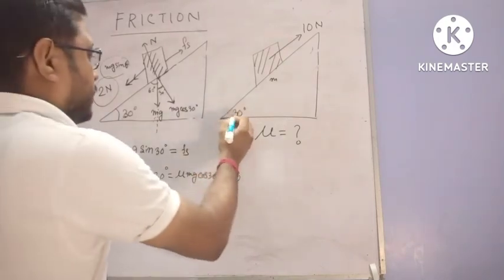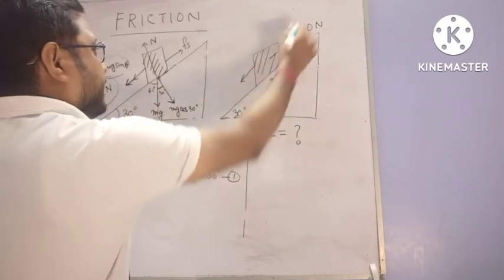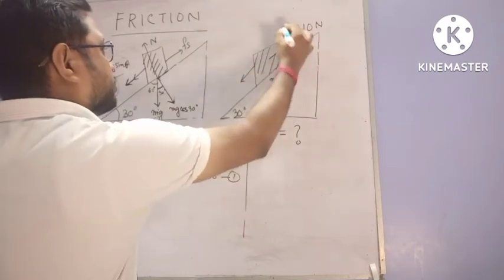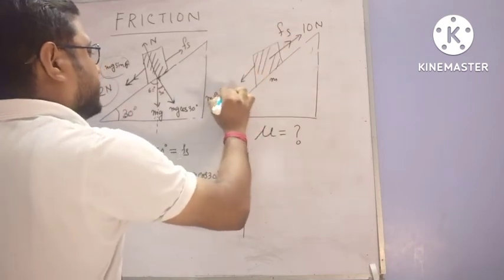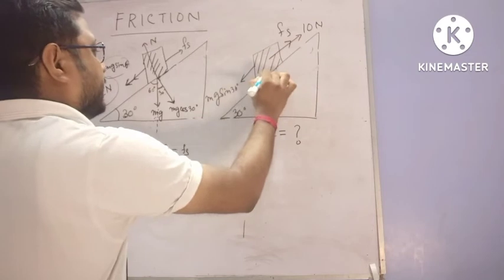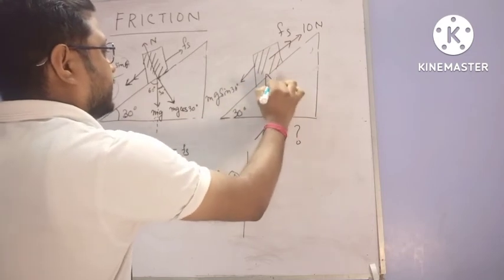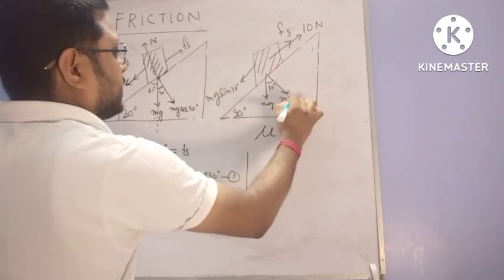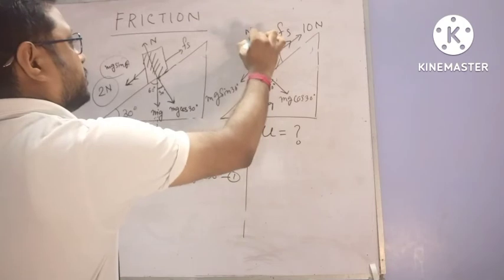Now, from this picture, what can we get? Here the 10 Newton force is here and also the frictional force is along this direction. Only in this direction the force mg sin 30 occurs, and this is mg. So this angle is 30 degrees also. This is mg cos 30, and the normal reaction acts opposite to it.